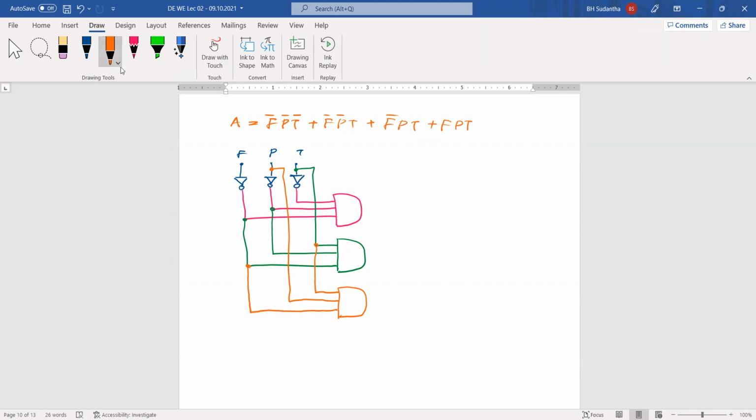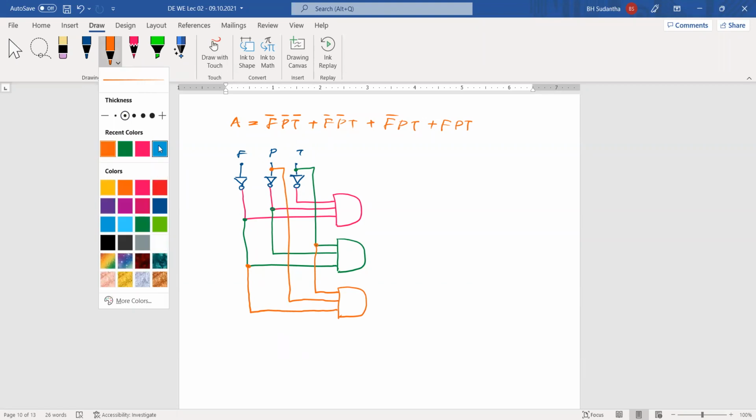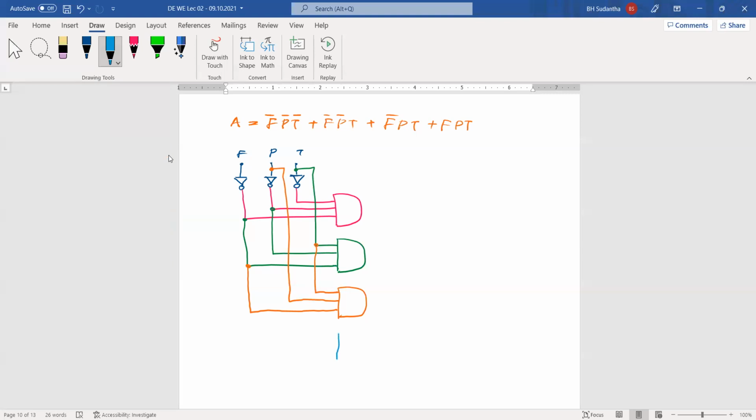Finally, we need F, P, T. And then we can combine these four together using a 4-input OR gate.